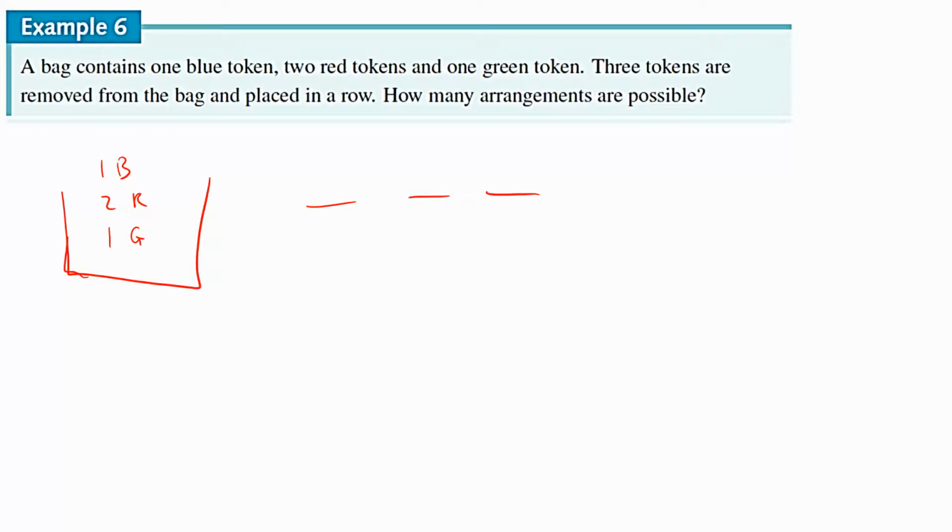So an example could be 1 blue, 1 red, 1 green. Another arrangement I can have is 1 blue, 1 green, 1 red. I can also have 1 red, 1 red, 1 green.